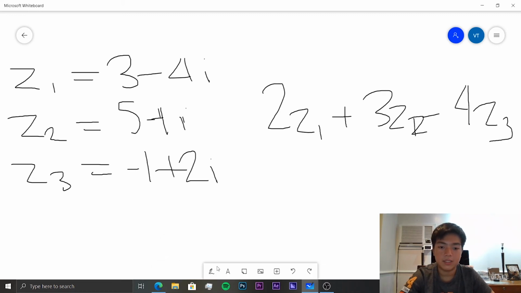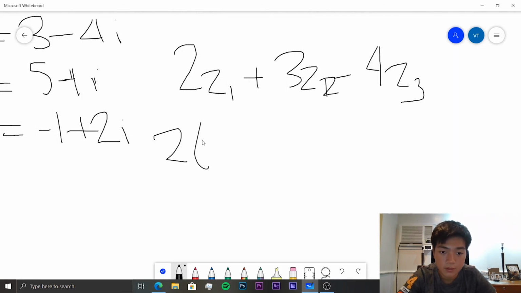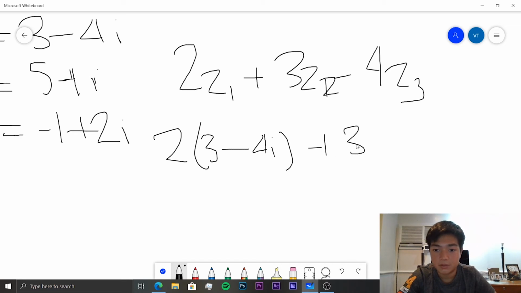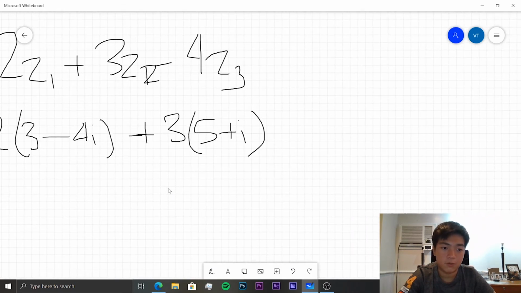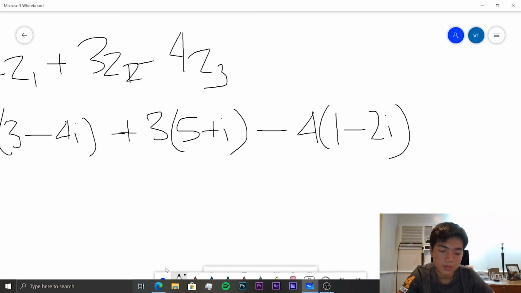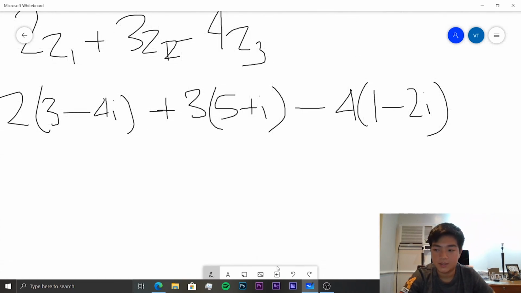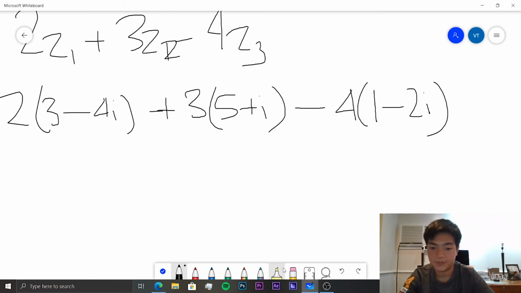So, the first thing we need to calculate is 2z1 plus 3z2 minus 4z3. Well, 2z1 is going to be equal to 2 times (3 minus 4i), plus 3z2, which is 3 times (5 plus i), minus 4z3, which is minus 4 times (negative 1 plus 2i).